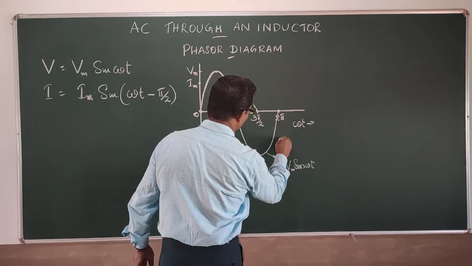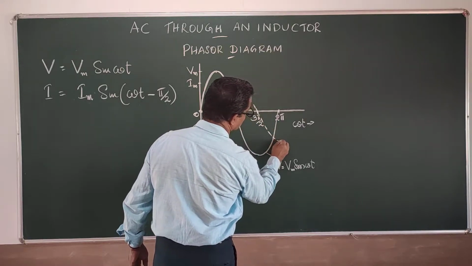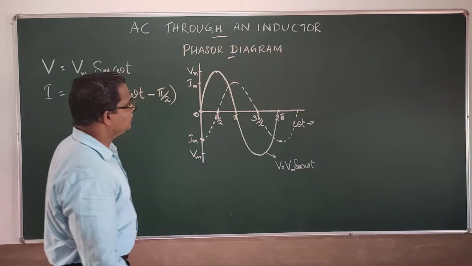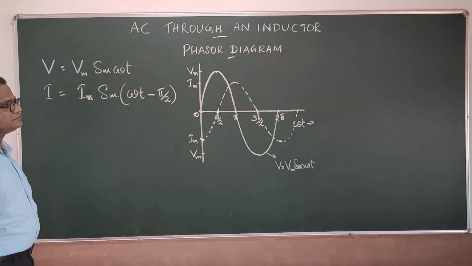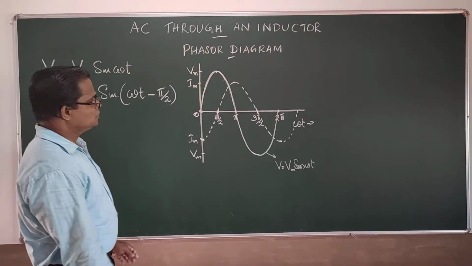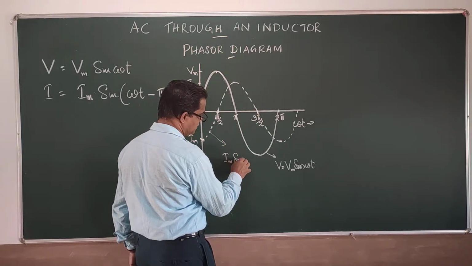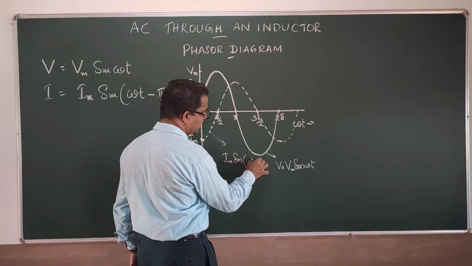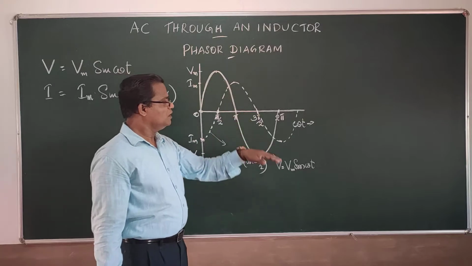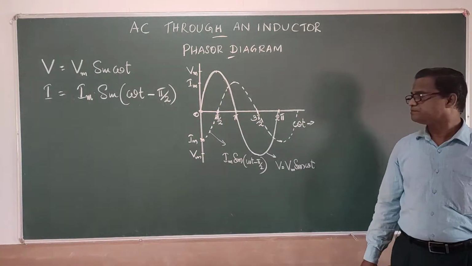And when it is 2 pi, the value is again found to be maximum on the other side. Understood? So this is what you call Im sin(omega t minus pi by 2). So you got the waveform for instantaneous voltage and instantaneous current.